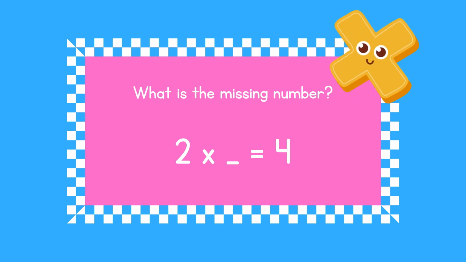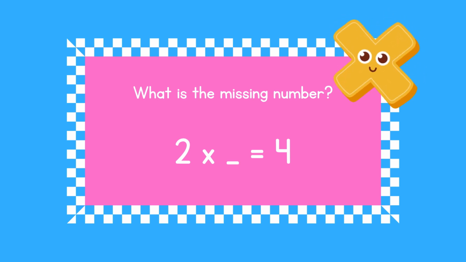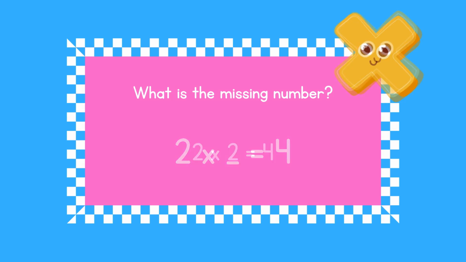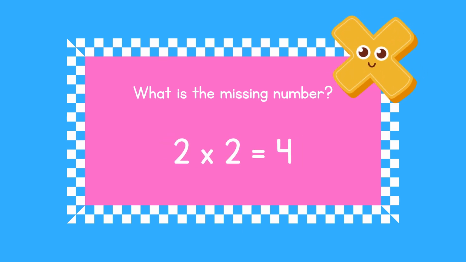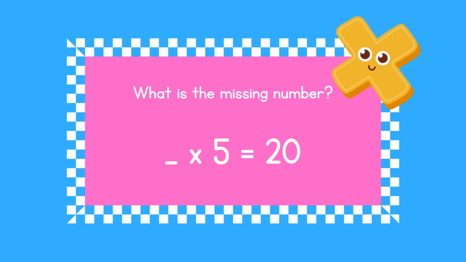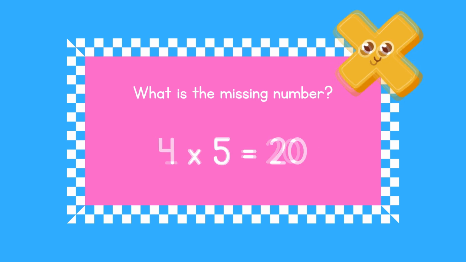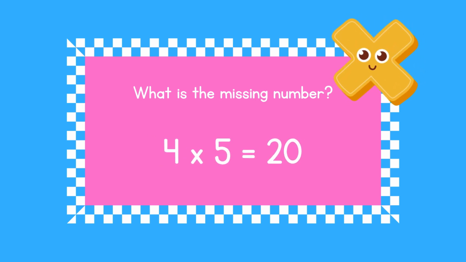Find the missing number. Two multiplied by 2 is 4. Find the missing number. Four multiplied by 5 is 20.